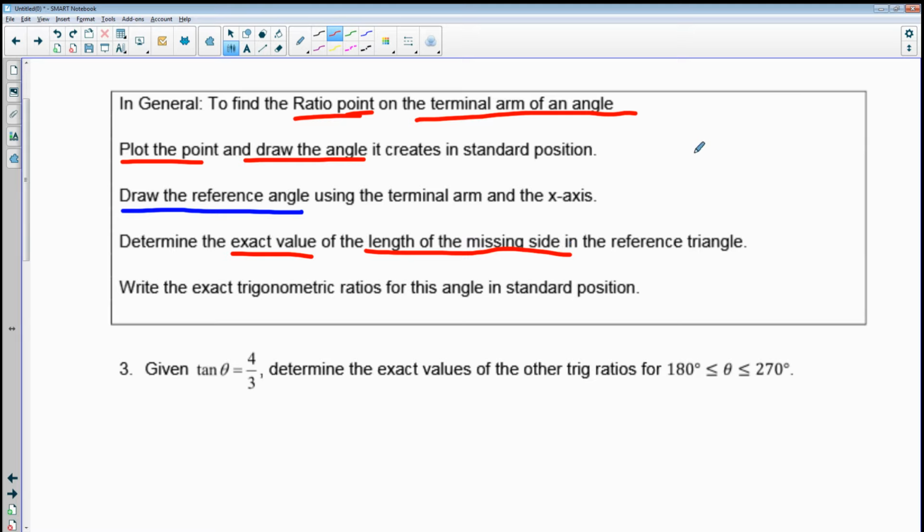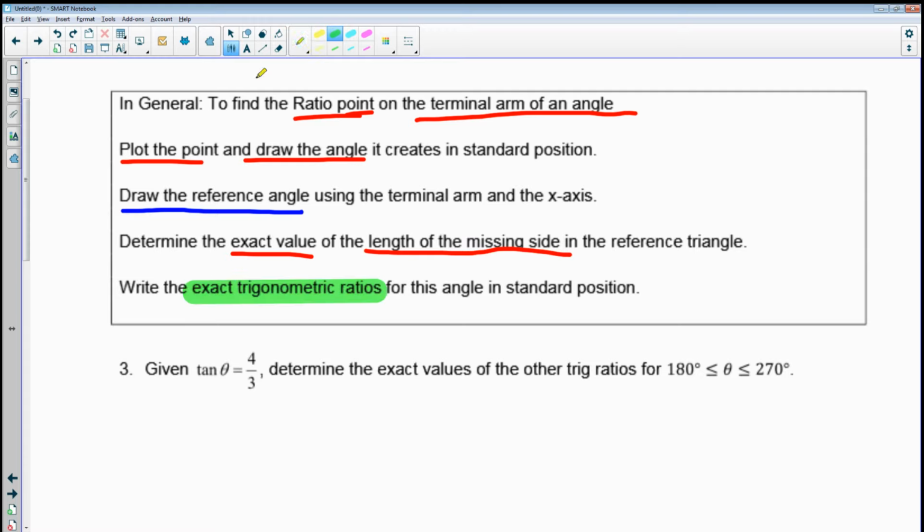Sometimes I might give you r, sometimes I may give you x and y. That's normally what most of the time I'll give you, but not always. I'll give you x and y, or maybe r, and you solve for the third missing side, and then use the exact trig ratios for each.